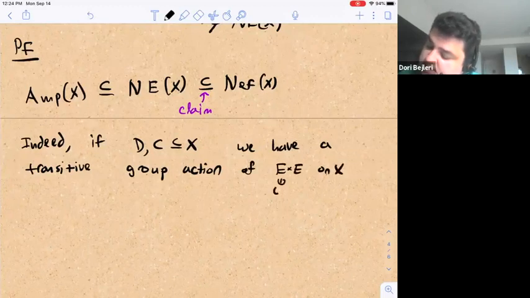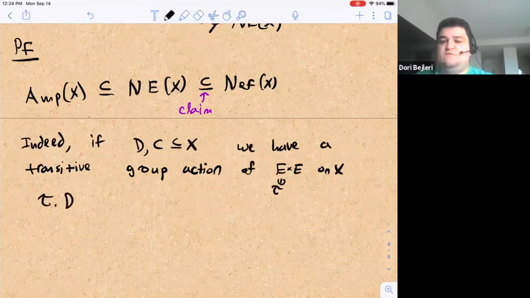So in particular, if we take some tau in here, we can act on our D so that now we move our D so it intersects our C properly, meaning that D and C will intersect in finitely many points, maybe with some multiplicity.